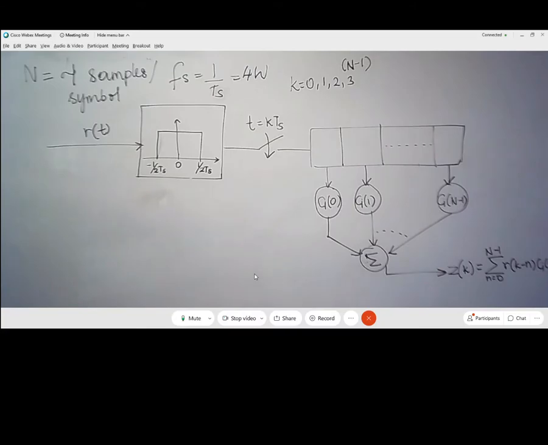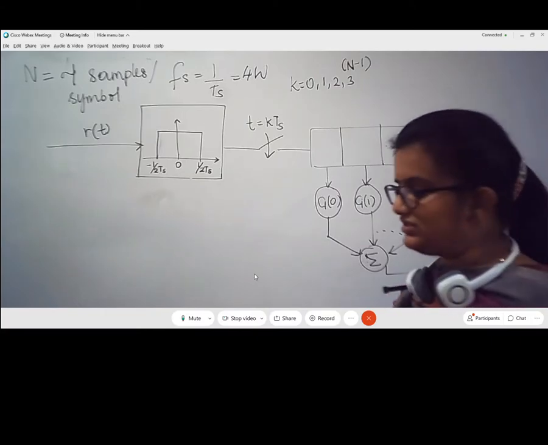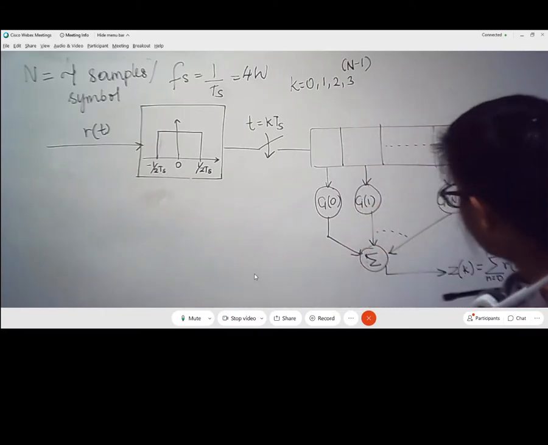Okay. So this is how we are going to obtain our predetection point, or a value of z such that I should be able to clearly and distinctly decide whether the transmitted symbol is symbol 1 or symbol 2.